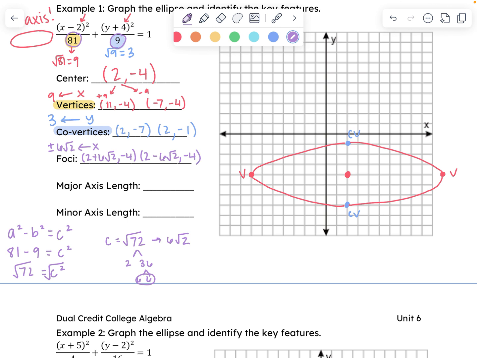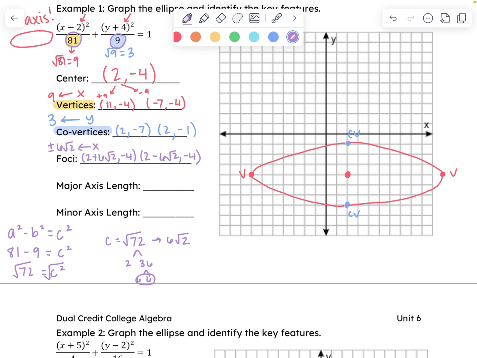Okay, I don't know about you, I don't know exactly what 6 square root of 2 is. I do know that 72 is in between some perfect squares. It's less than 81, so it's less than 9 squared, but it's greater than 64, or 8 squared.